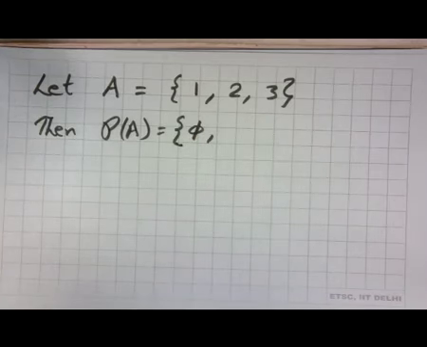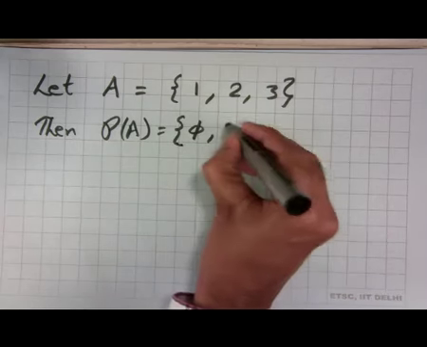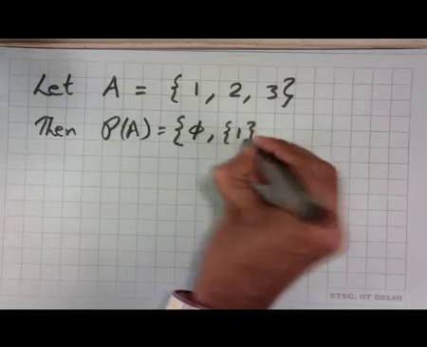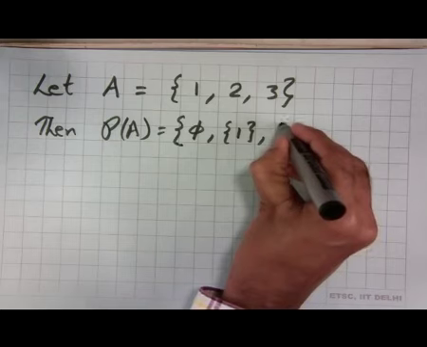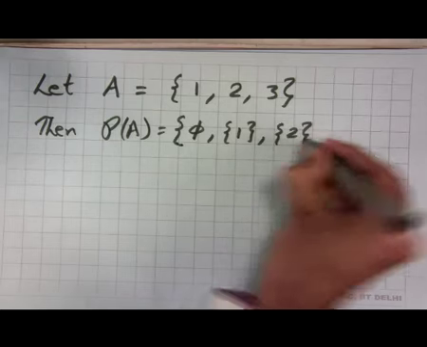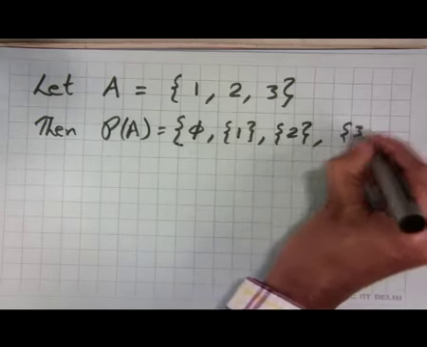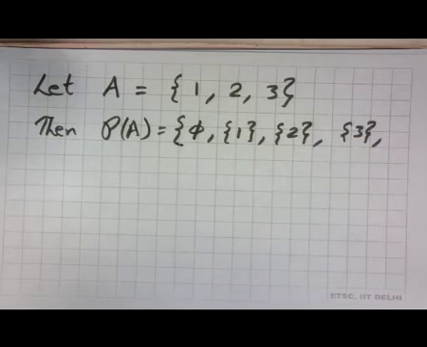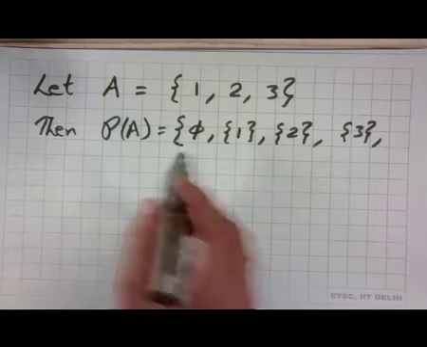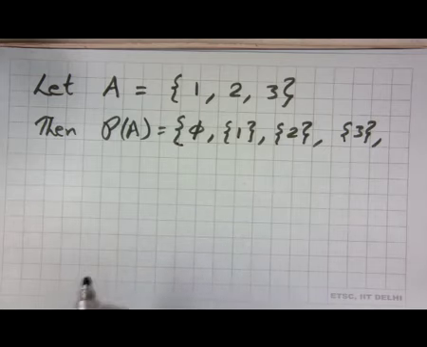Then we list down all the subsets of A which contain only one element. So, we have the set {1}, the set containing 2, the set containing 3. So, we got all the sets containing 0 elements, then all the sets containing 1 element, then you can list down all the sets which contain 2 elements.